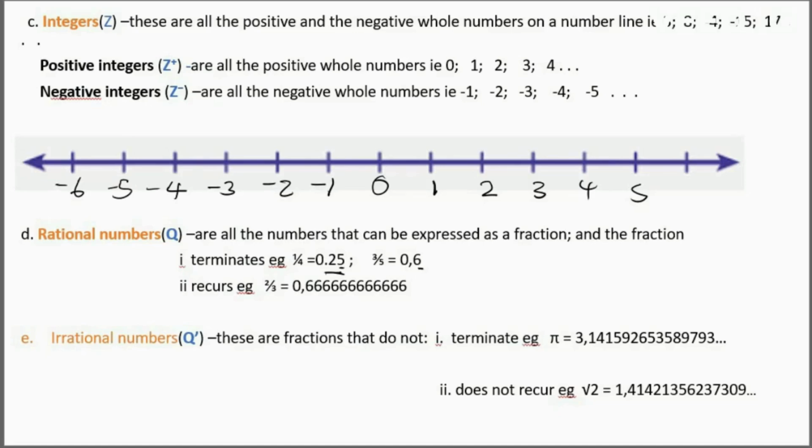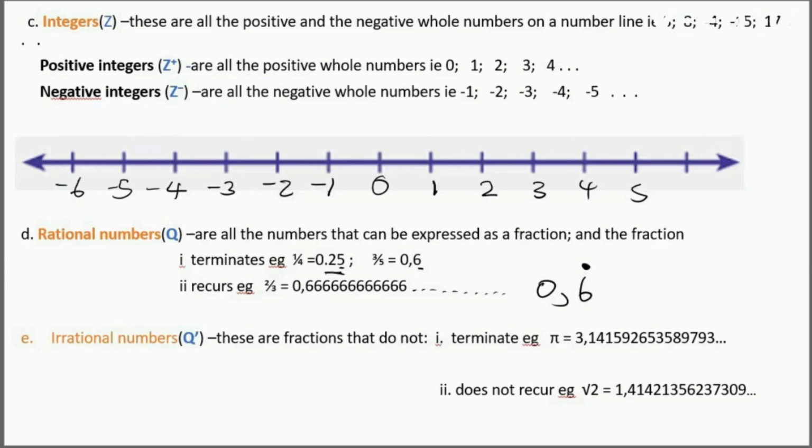And then it is also going to be a rational number when it recurs. For example, 2/3. If you punch 2/3 on your calculator, you will find that it is 0.666666666, and the number goes on. It does not terminate. It will continue recurring, which means the 6 here with the dot at the top continues to recur.